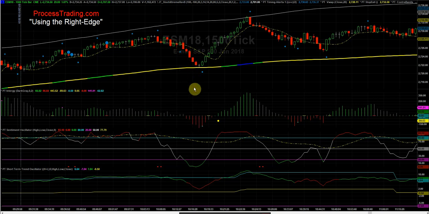So the supply is starting to take it out, and the way the internal energy oscillator works is it goes in peaks and valleys, whether those peaks are lower peaks or higher peaks, and then they head to the valleys.